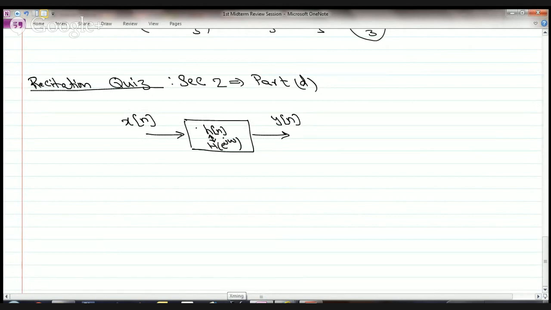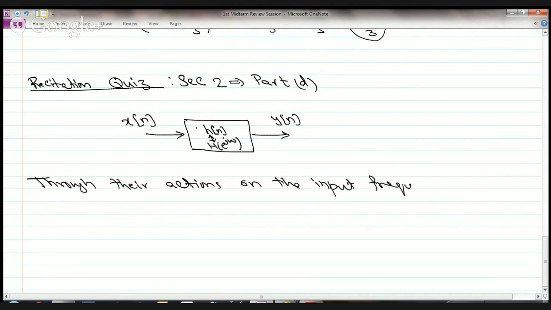Now, the most important thing to understand for LTI systems is that LTI systems just do two main things to the input frequency. So the best way to understand LTI systems is through their actions on the input frequencies. And what are the common actions that happen?